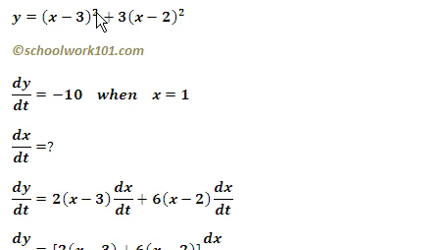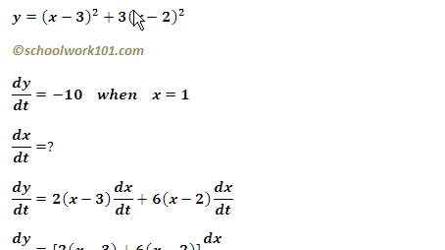So the derivative of x minus 3 squared: we take the 2, bring it out front, rewrite everything in parentheses, subtract 1 from the exponent, and then we write dx over dt outside of it because we've taken the derivative of it. Normally we'd take the derivative of what's inside the parentheses and bring it out. Well, the derivative of x is 1 and that's 0, so there's a 1 out there, but we don't write it in. And now we're going to take the derivative of this part here.